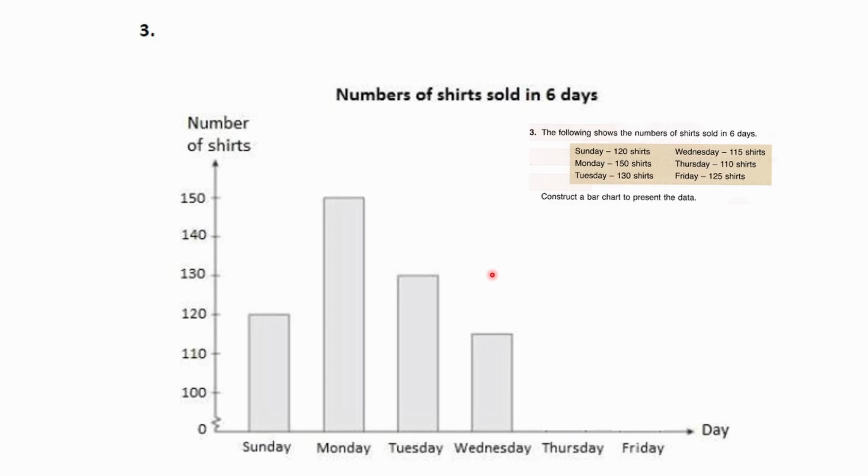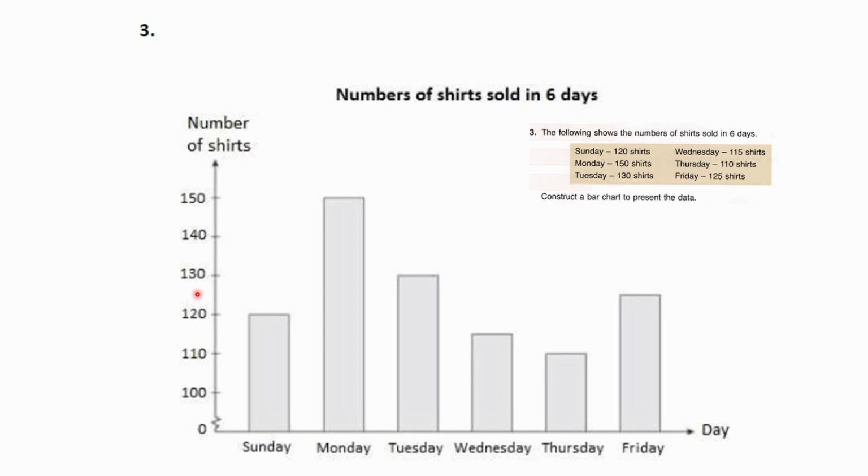Then make your bar. Thursday was 110. Draw your line, make your bar. And Friday, 125. So again, about halfway around here. And there we have our finished bar chart.